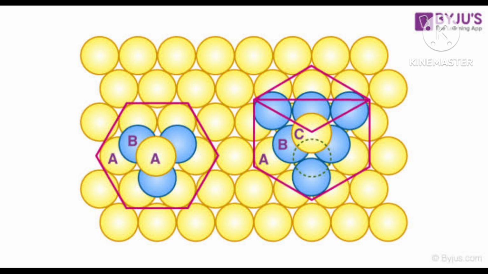First is packing the second layer over the first layer. Actually one layer is there, and above that another layer is there. This is called packing the second layer over the first layer. That is the first case.